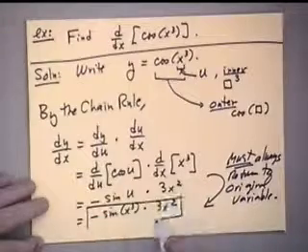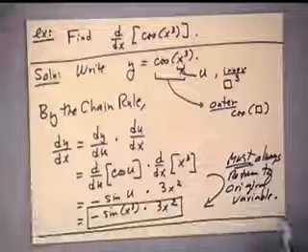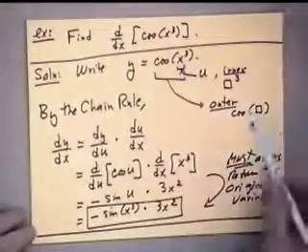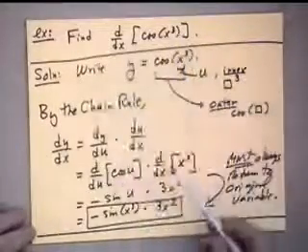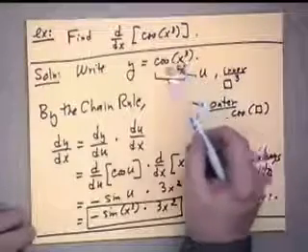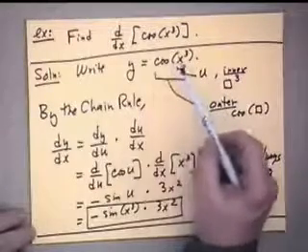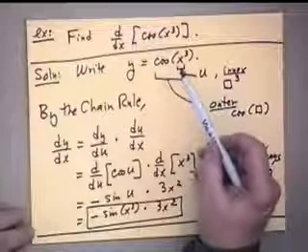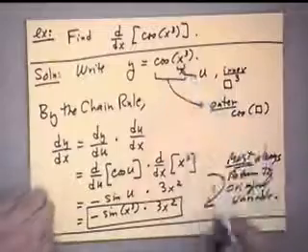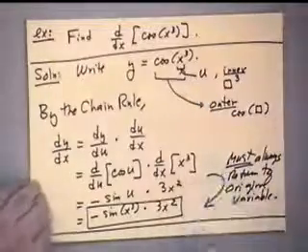And I am now done. I have computed the derivative of this function at the top using the chain rule. This is how you want to analyze these. Try to find an inner and an outer function, something that is done in order, because this is a composition of two functions. One has to be done before the other, and the inner one is the one that's done first. Let's do another example.